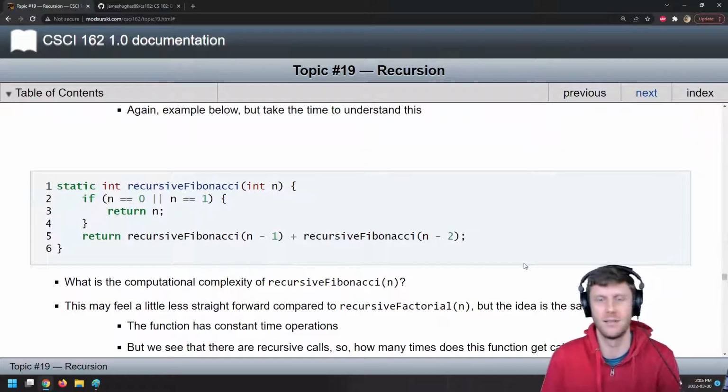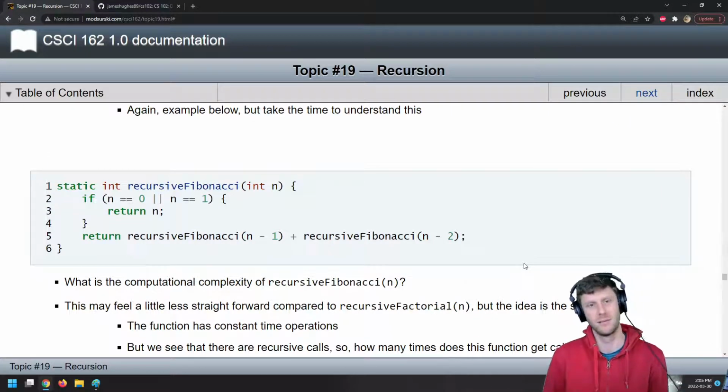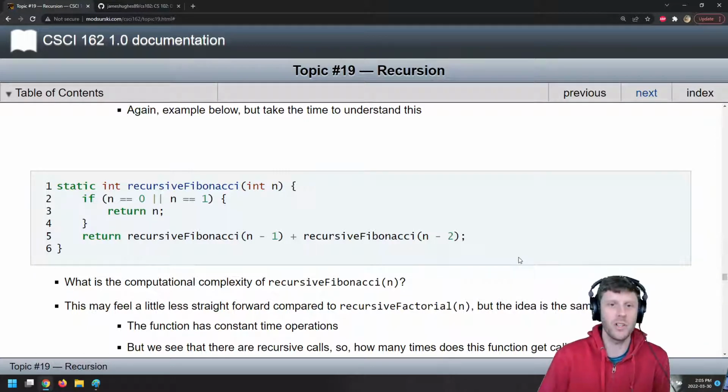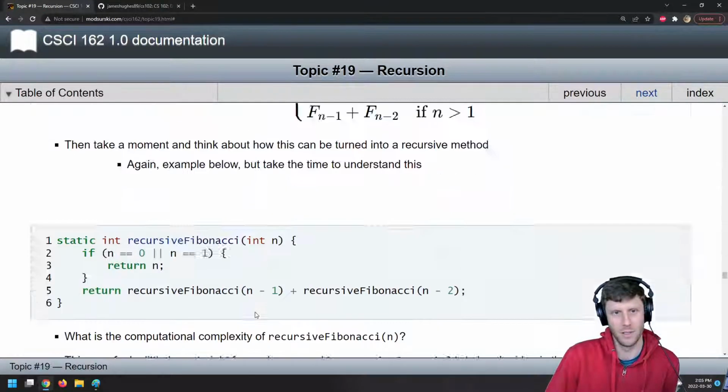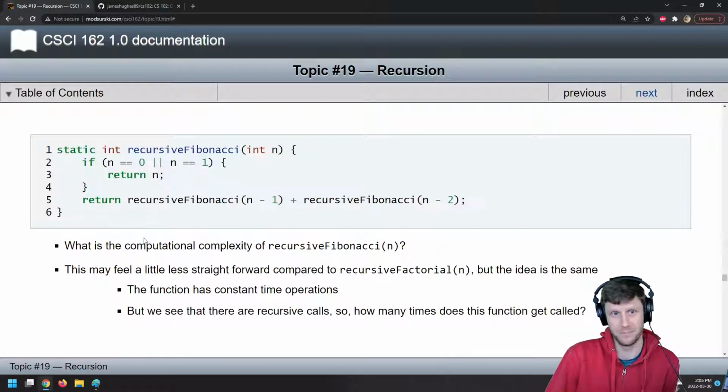Look at that. Isn't that wonderful? Which one looks more elegant to you? This one or this one?